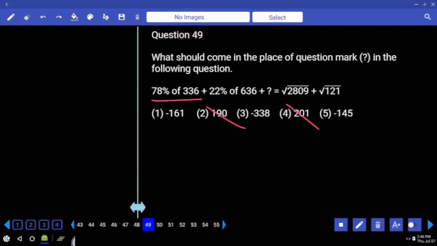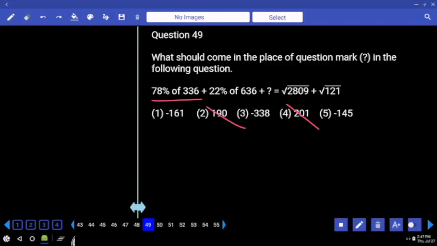Approximately 400, right? Remember that. 2809, 53 square, 11, 60. From 400 if you approximately subtract 60, the answer must be 340. Negative or positive?